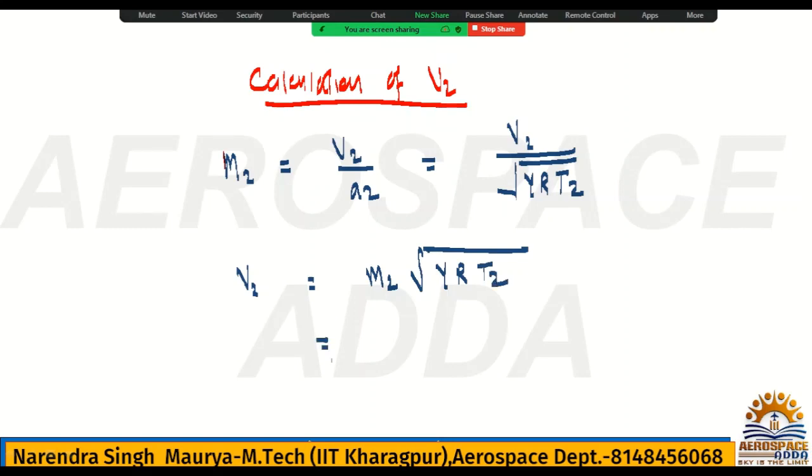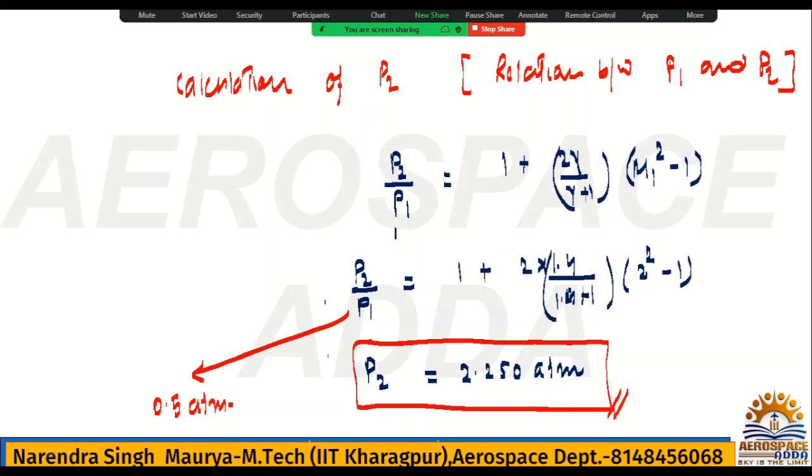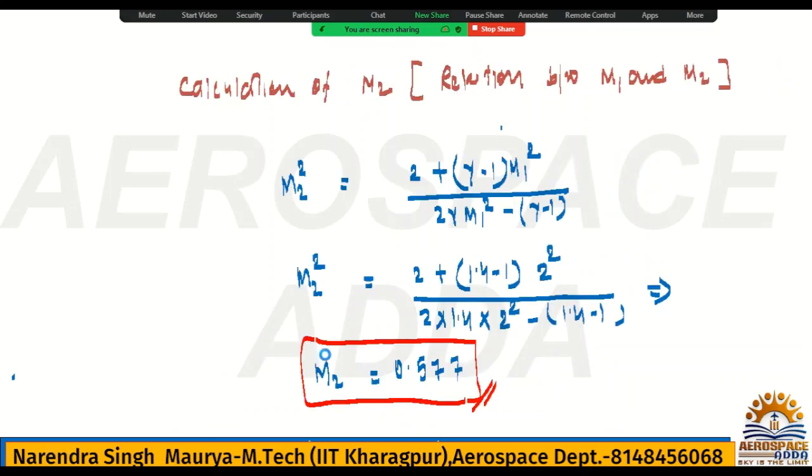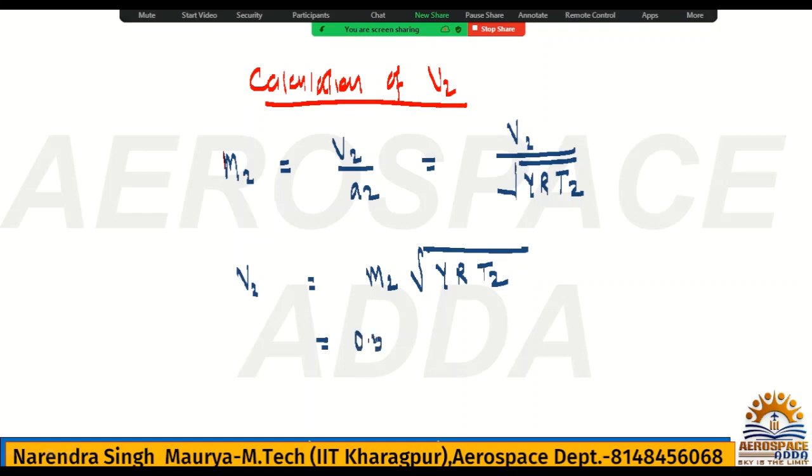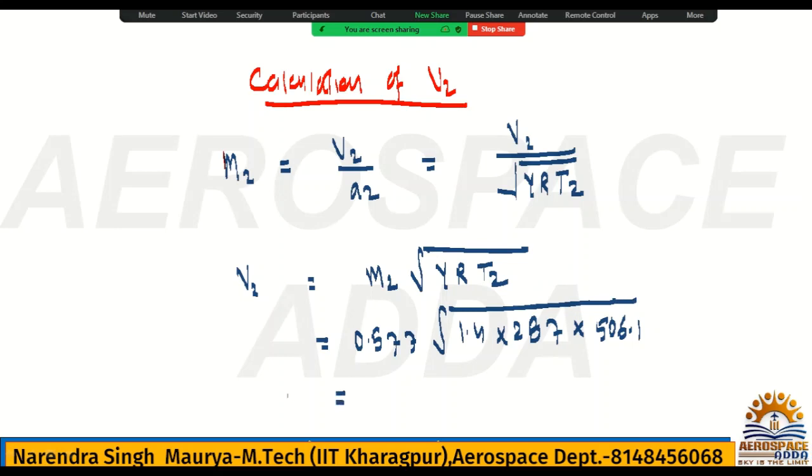What is the m2? Just now you have calculated, it is 0.577. It is 0.577 root of gamma, it is 1.4 for the air, R is 287 for the air, t2 just now you have calculated 506. Do the calculation.